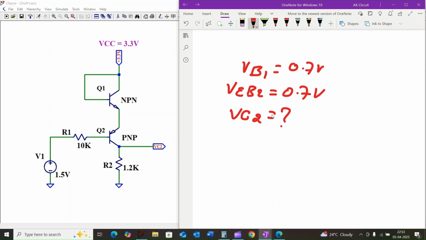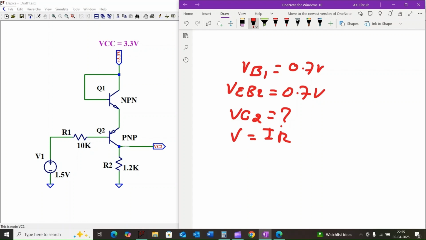To figure this out, we need to think about what determines the voltage at the collector. That's right, it's the collector current IC2, which is flowing through the resistor 1.2 kilo ohm. If we can find IC2, we can simply apply Ohm's law to find the voltage drop across the 1.2 kilo ohm resistor and then determine the voltage VC2. But how do we find IC2?